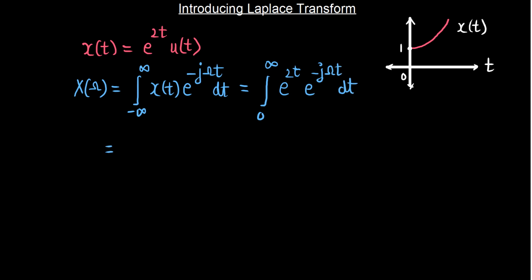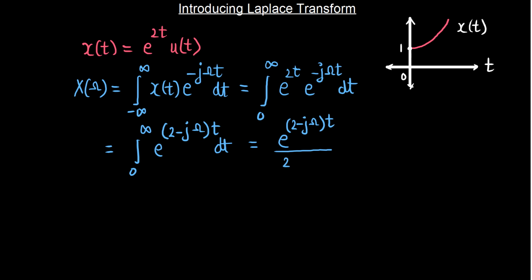This equals the integration from 0 to infinity of e power (2 minus j omega) times t dt, which equals e power (2 minus j omega) t divided by the coefficient 2 minus j omega, where the limits to substitute are 0 to infinity.